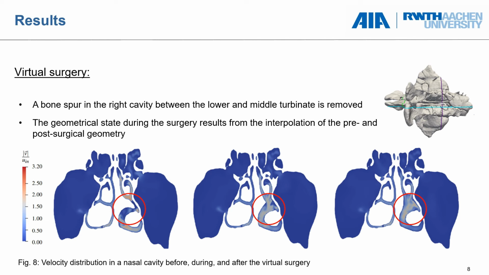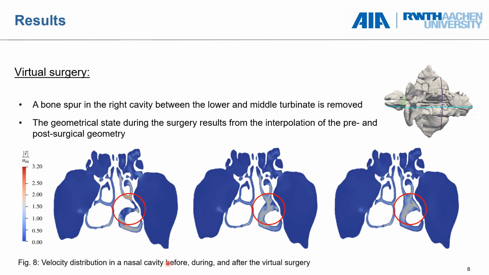And here you can see the results of the virtual surgery. So as already explained, we have the pre-surgical state with a bone spur here, and this bone spur is removed by the virtual surgery approach. So this is a post-surgical state, and here we have a state in between due to the interpolation.